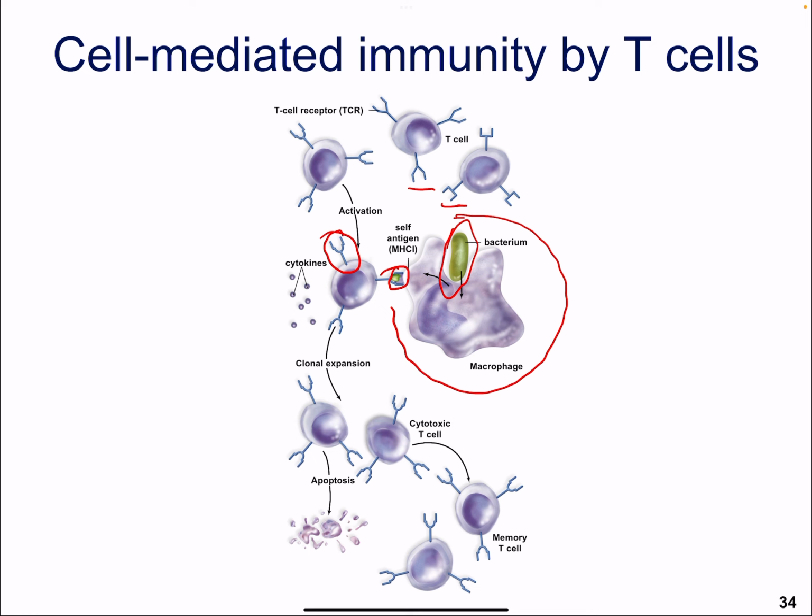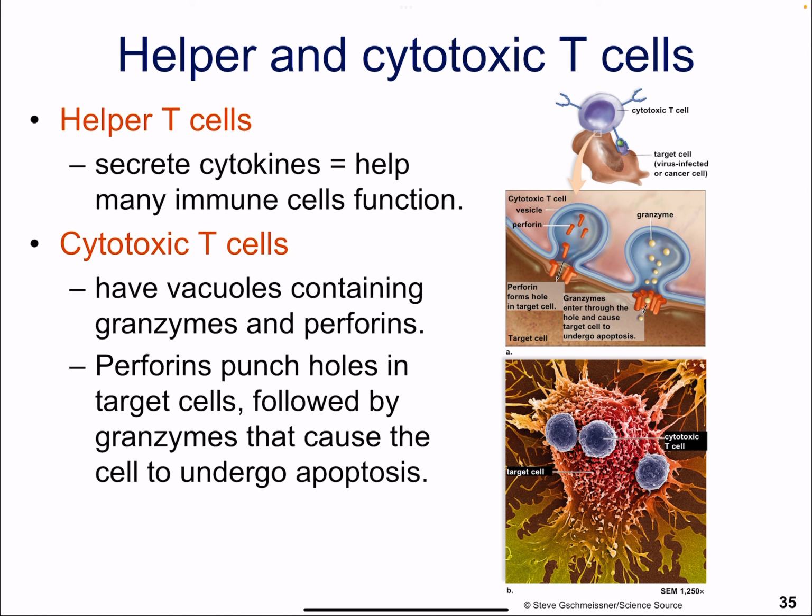Now, as this cell undergoes clonal expansion, because of the presence of the cytokines, right, we are going to have a differentiation of the cytotoxic T cells here, a large amount of it, right? The extra is going to undergo apoptosis upon control of the infection, while a small fraction is going to form memory T cells.